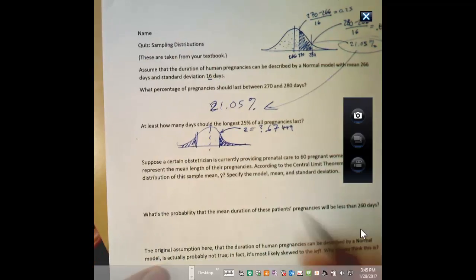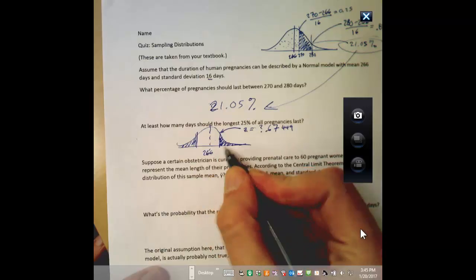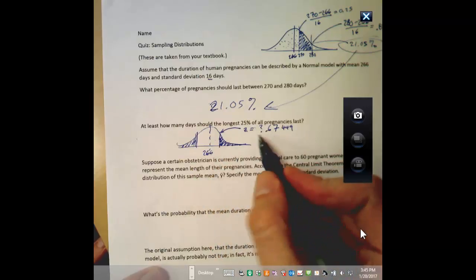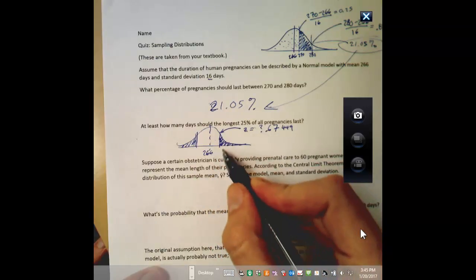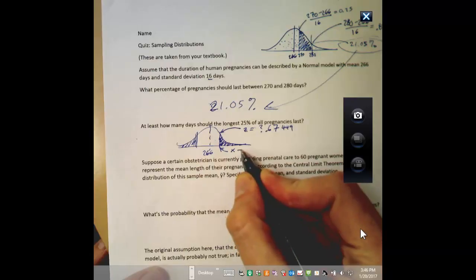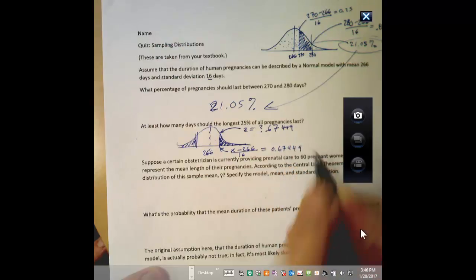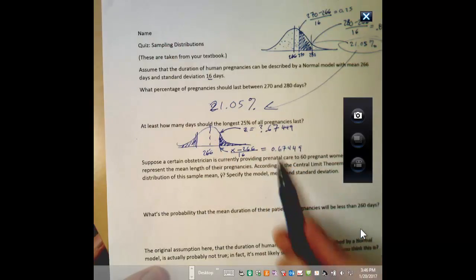So now I'm saying, okay, the center is 266, standard deviation is 16. If the z-score is this, then what is the actual length of that pregnancy? So I can say the length of that pregnancy, x, minus 266 divided by 16 is equal to my z-score, which I know. So I'm just doing the simple algebra to solve that.